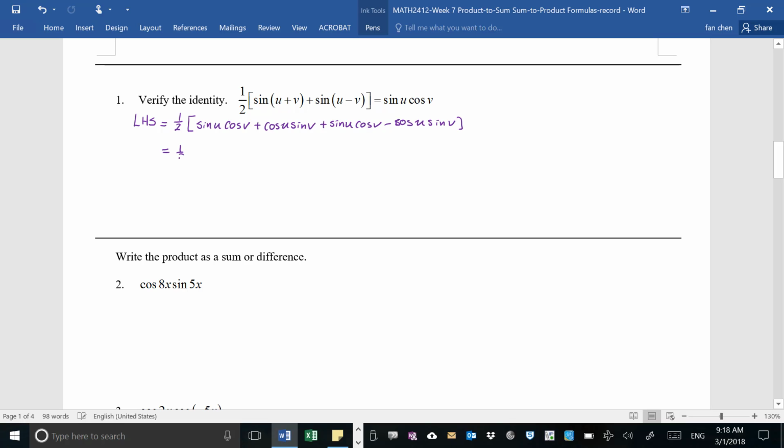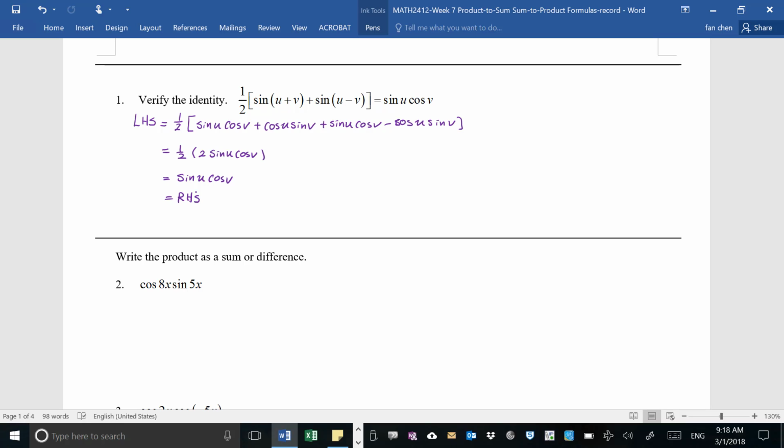Combine like terms, that's half of 2 sine u cosine v. Half and 2 cancel out, and that will give us sine u cosine v. That's the right hand side. So we finished verifying the identity.